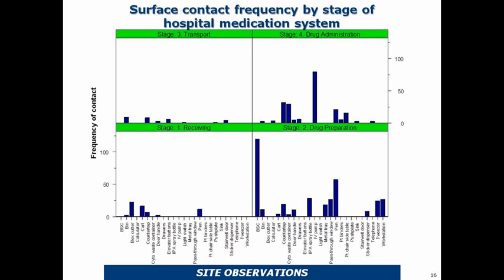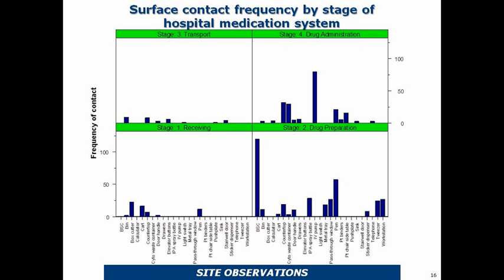On the flip side, though, if you look at stage 1, the receiving, as well as stage 3, transport, you can see that there are still some blue bars there, albeit not as great. What's important to note is also that some of these blue bars are not found in the other 2 areas. So there are some novel surfaces that were not found in the other areas that are commonly associated with high risk.